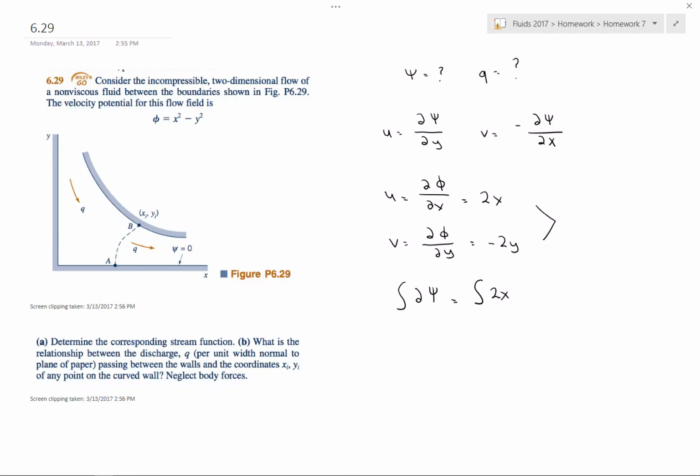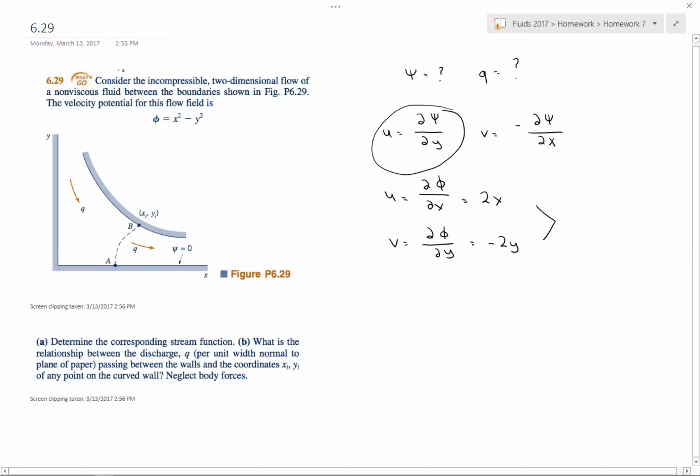Be careful there, and that's exactly why I said that. Take a look here, okay? So 2x is our U. If we're now looking at the stream function, and when we separate and integrate here, then maybe I skipped a step.